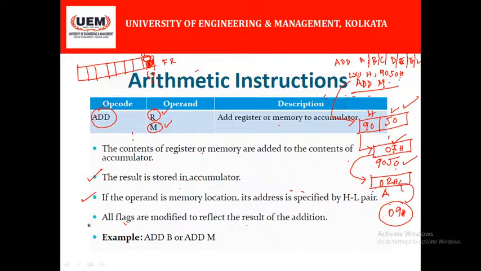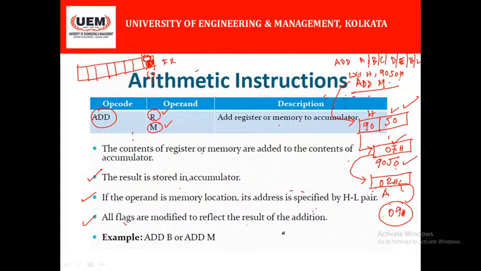Next, all flags are modified and reflected after the addition. After the addition the sum may be 0, then the Z flag may be modified. After the addition the result may be negative, so the sign flag may be modified. After the addition there may be a carry bit generated from the third bit to the fourth bit, so the auxiliary carry can be modified.